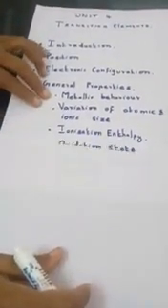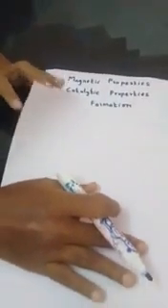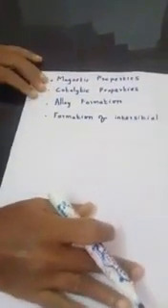Number 1, metallic behavior, variation of atomic and ionic size, ionization enthalpy, oxidation state, standard electrode potential, and magnetic properties, catalytic properties, alloy formation, formation of interstitial compounds, and formation of complexes.